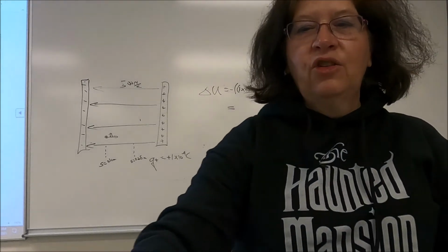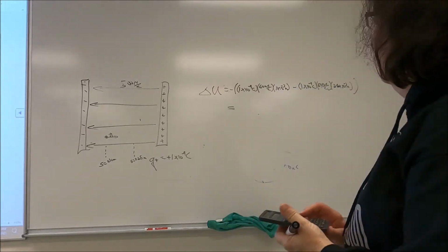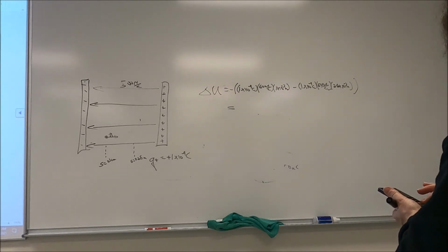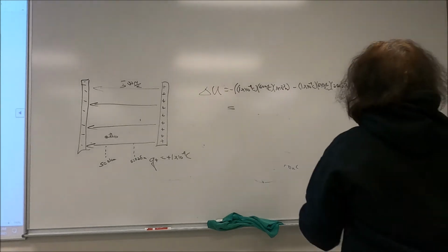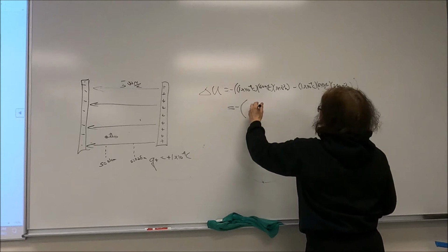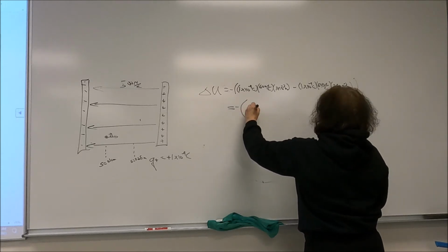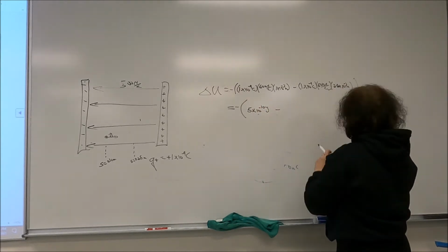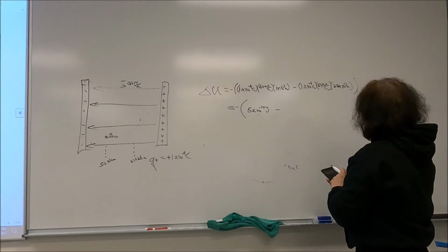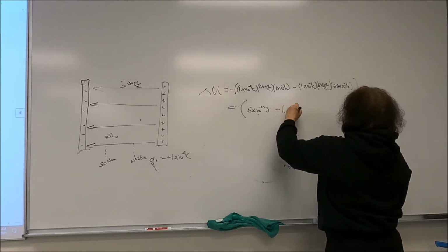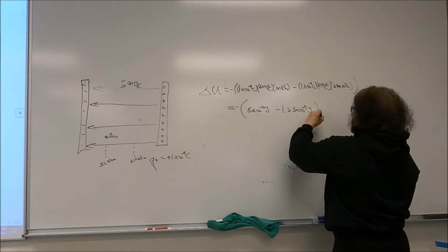So let's do the calculation. 1 times 10 to the minus 9 times 500 times 1 times 10 to the minus 3. The coulombs divide out, and I have newtons times meters, which is a joule. So I have 5 times 10 to the minus 10 joules minus 1 times 10 to the minus 9 times 500 times 2.5 times 10 to the minus 3, so that's 1.25 times 10 to the minus 9 joules.